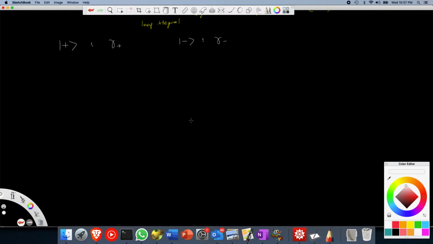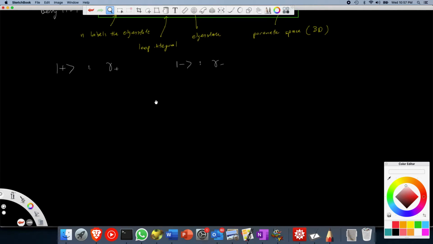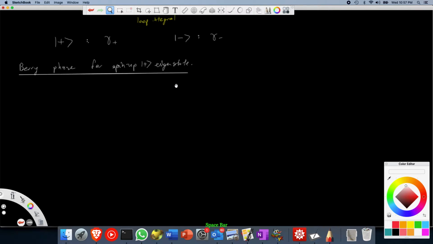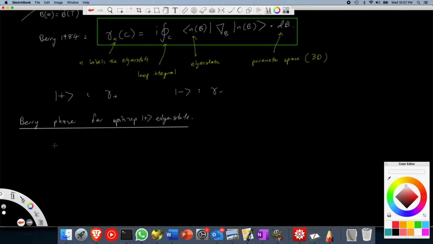So we'll first calculate it for the plus eigenstate, the spin up eigenstate. So we'll begin our calculation: the Berry phase for the spin up eigenstate is given by, first of all, let's recall what the spin up eigenstate is.